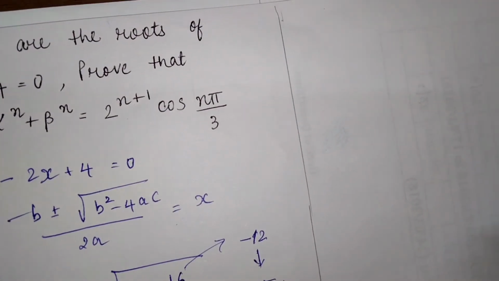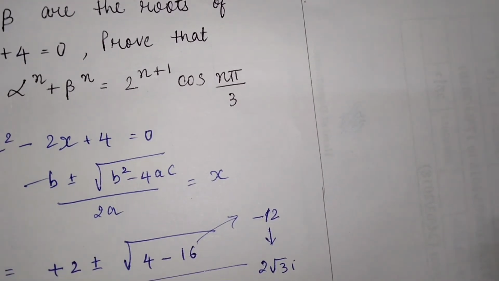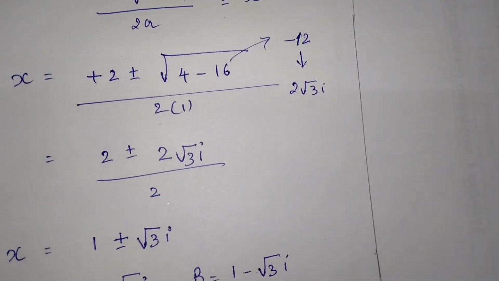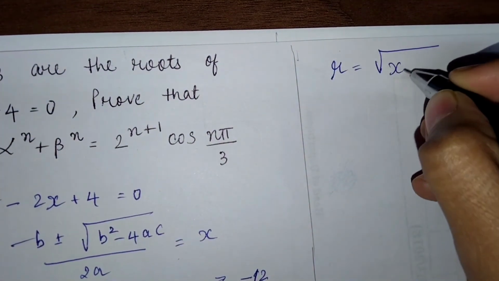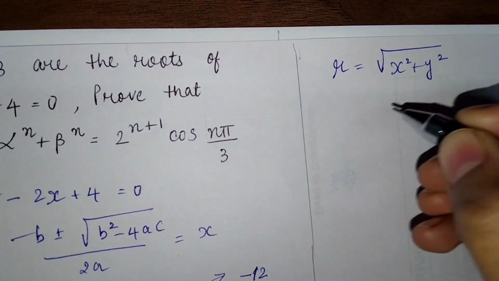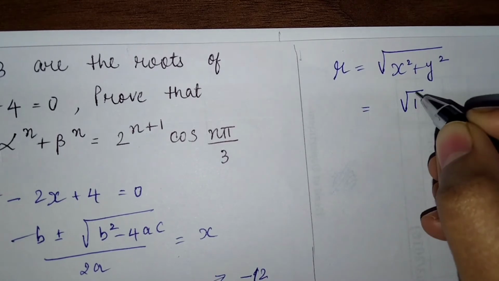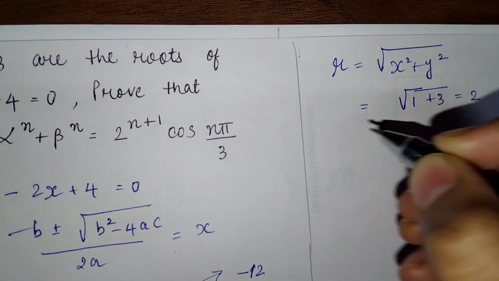And already we have x equal to r cos theta and y equal to r sin theta. That is, if we find r, then we will get r equal to under root x square plus y square, that is under root 1 plus 3, that is under root 4, and that is equal to 2.